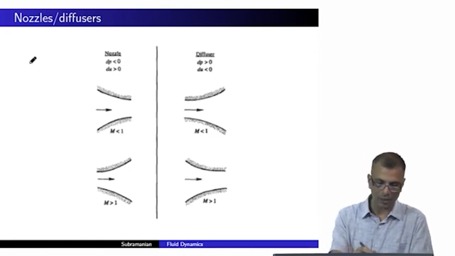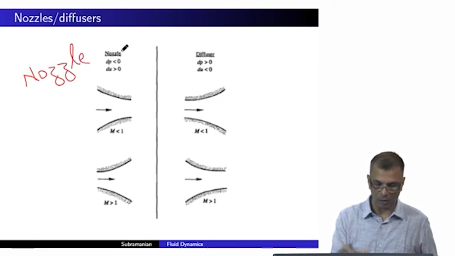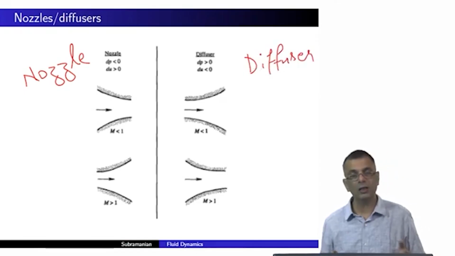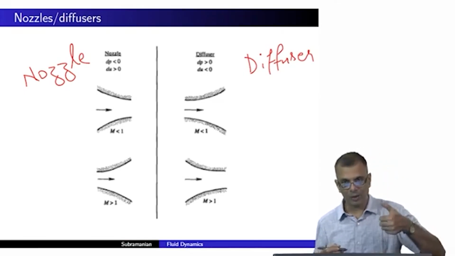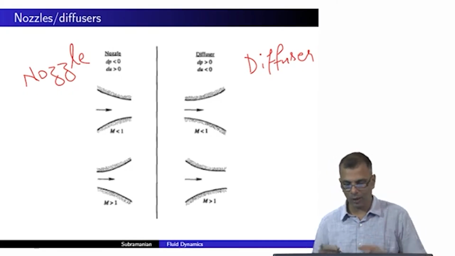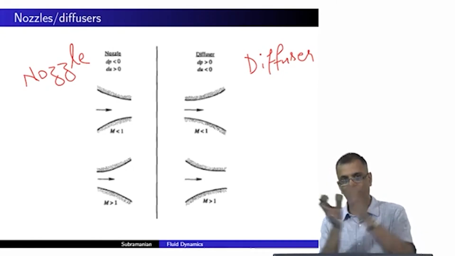This is what one would call a nozzle. A nozzle, as the name implies, increases the speed of the flow, and a diffuser, as the name implies, decreases the speed of the flow and spreads it around.